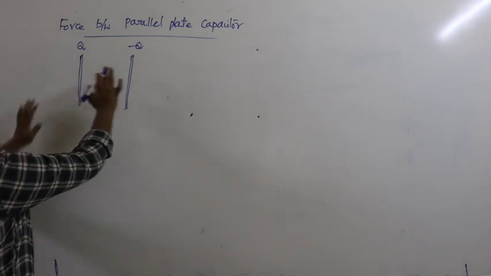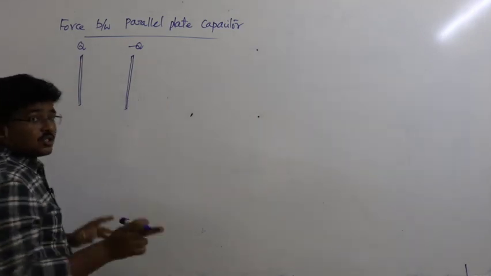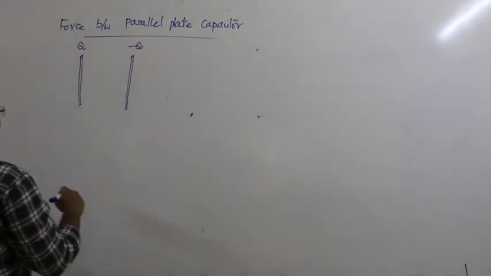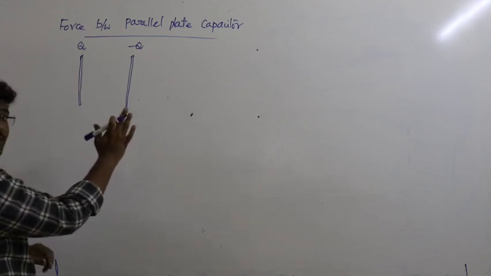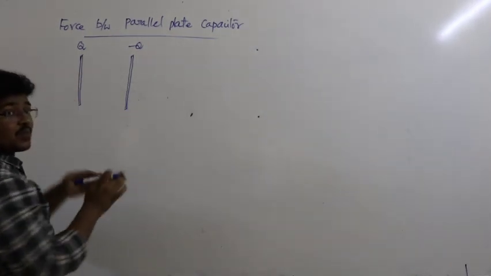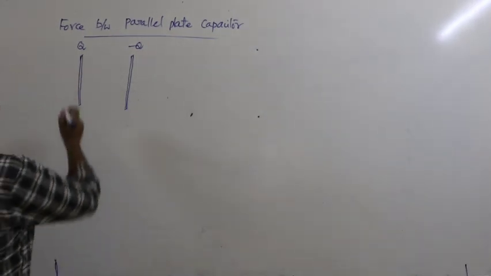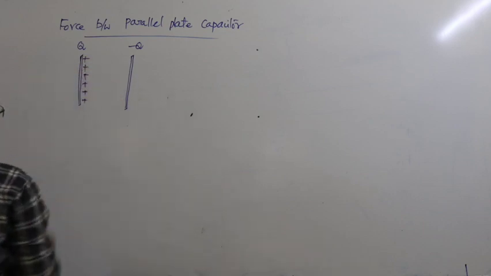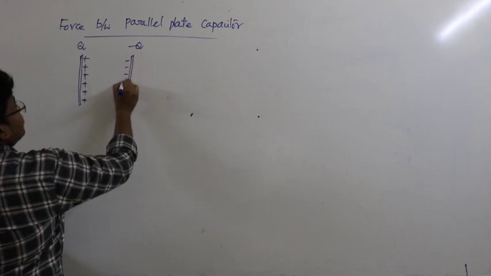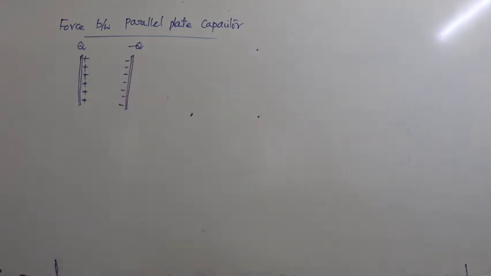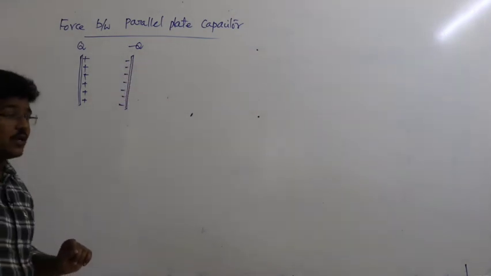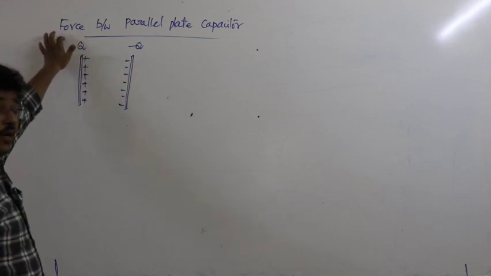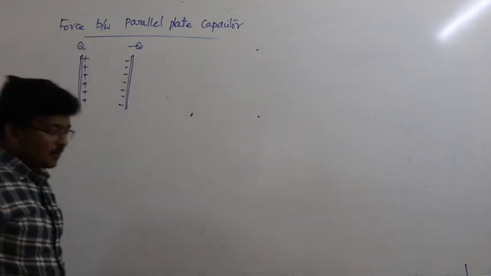Now the outer surfaces' charge is 0 and charge is distributed only on the inner facing surfaces. So this is plus and this is minus. Now what I am going to find out here is the force between the two parallel plate capacitor.